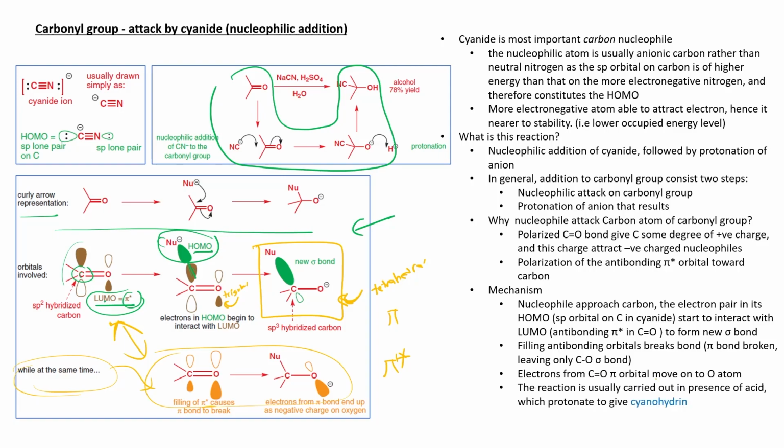The reaction is usually carried out in the presence of acid. The idea of this is for protonation, and this protonation gives cyanohydrin. The cyano is CN. Notice planar sp2 changes to tetrahedral.